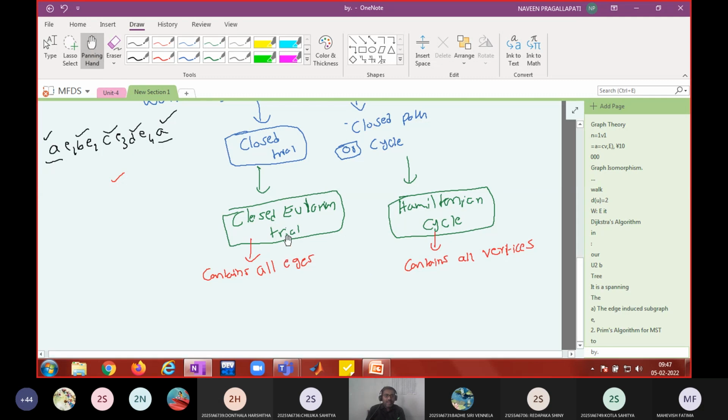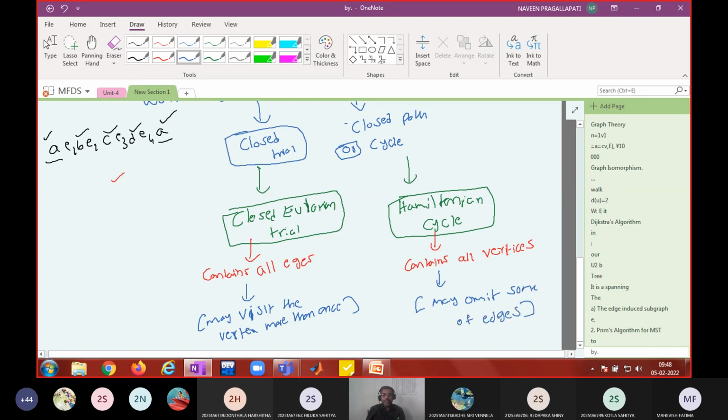So here you may visit the vertex more than once, and here you may omit some of the edges in the graph. You can omit some of the edges.